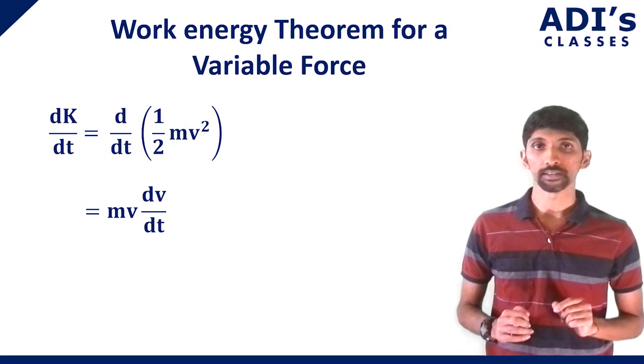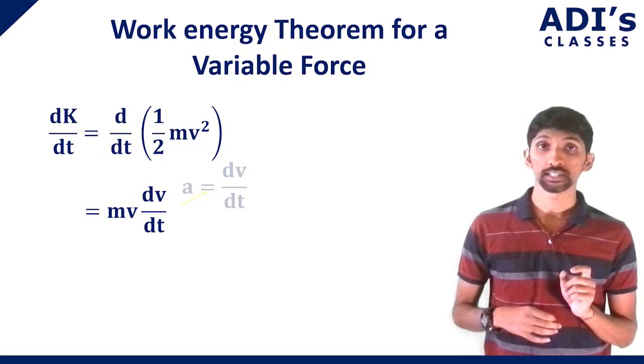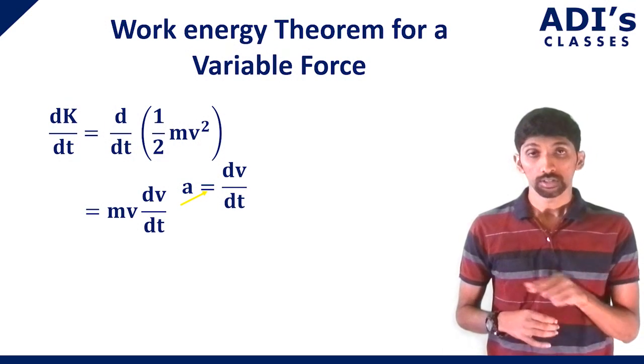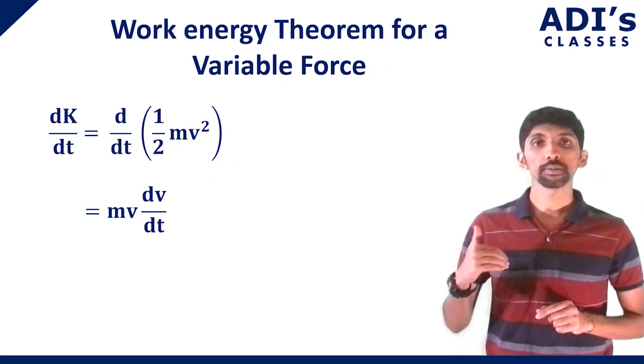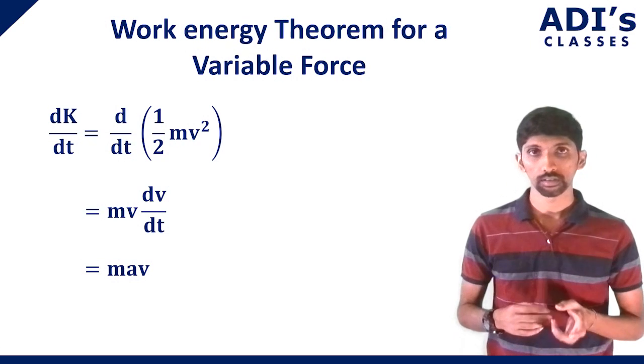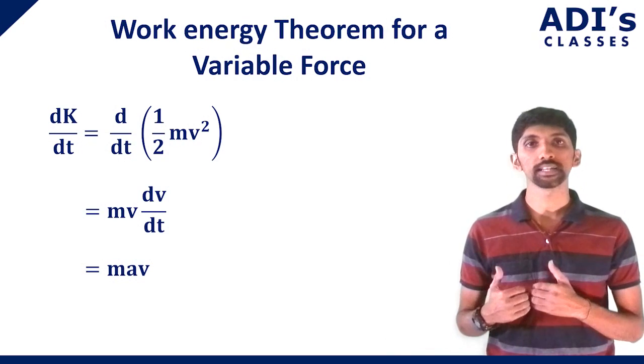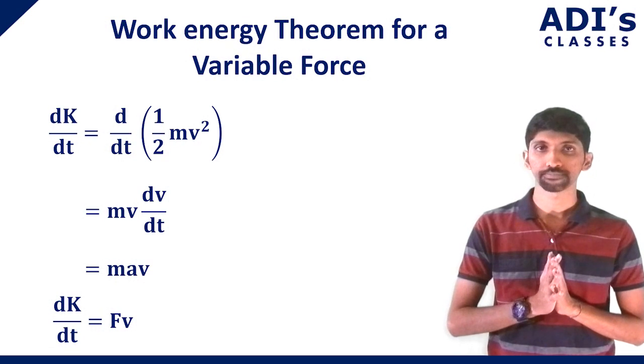Now if you remember, what is the rate of change of velocity? Acceleration, correct? So we end up with dK by dt is equal to ma into v. What is m into a? F. So we have dK by dt is equal to F into v.